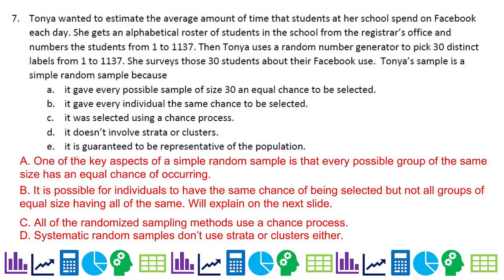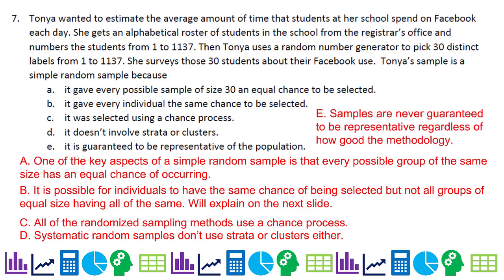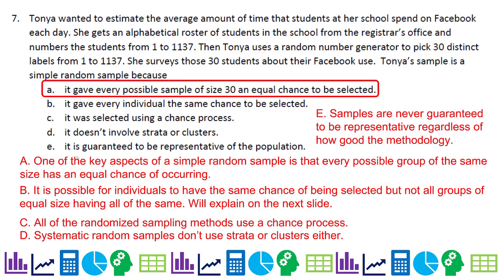So just because it didn't use strata or clusters doesn't mean that it's a simple random sample. You still have systematic. Then finally it says it is guaranteed to be representative of the population. Samples are never guaranteed to be representative, regardless of how good the methodology. The random gods may be aligned against your sample. So A is the correct choice.